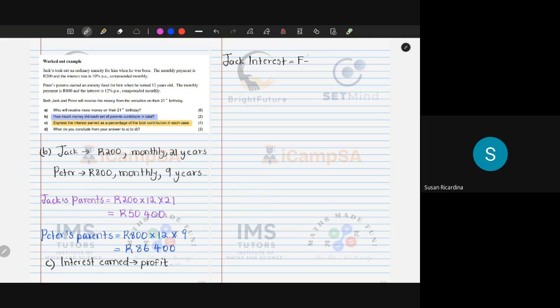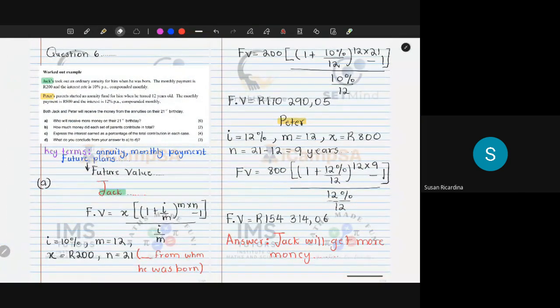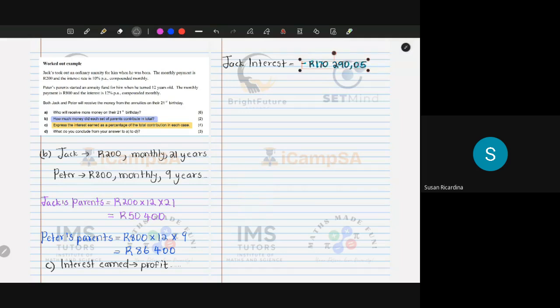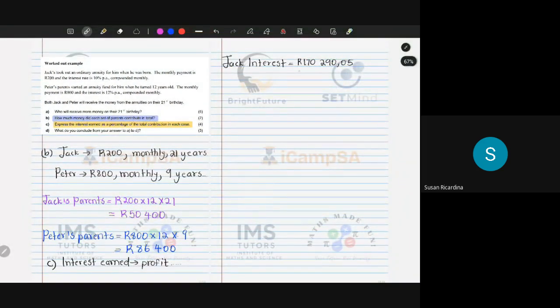It will be the future value minus the investment. So the future value for Jack is 154,000. No, that is Peter. Jack is 170,290.05. So let's take that and we will subtract the total amount that the parents of Jack put in. So that will be minus 50,400. So what is the interest that Jack got?